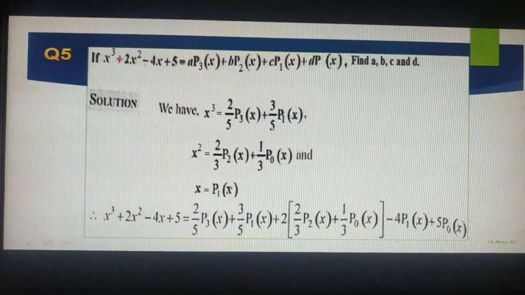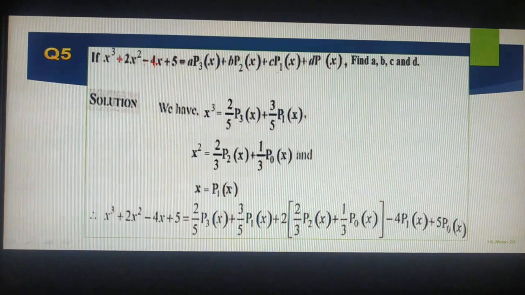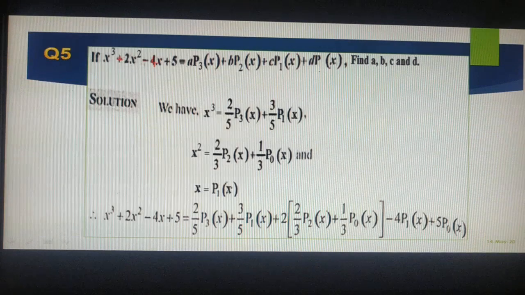Now the next problem. If x cube plus 2x square minus 4x plus 5 is equal to a P3 of x plus b P2 of x plus c P1 of x plus d P naught of x, then find the values a, b, c, d.